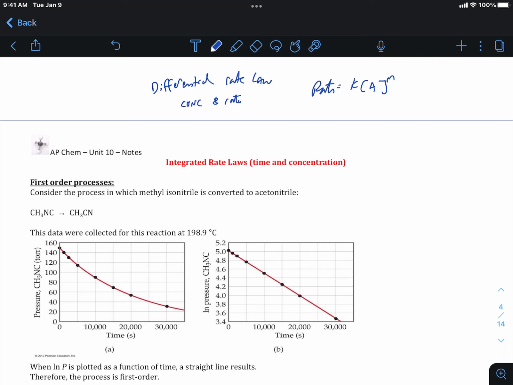Determining what the rate would be based on the concentration. The integrated rate laws is based on your time and concentration relationship. So depending on the data that you have, one method would be more appropriate than the other. Okay?